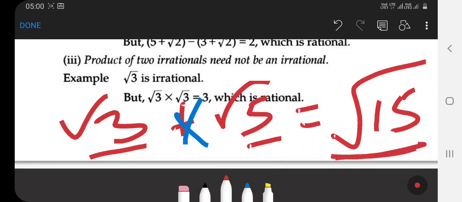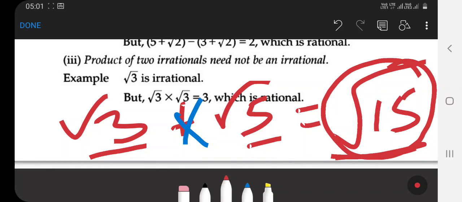Now root 15 is an irrational number. So the product of two irrational numbers is either rational or irrational.